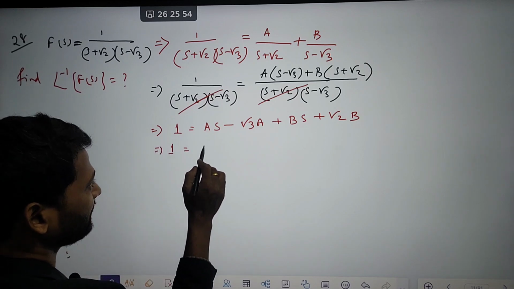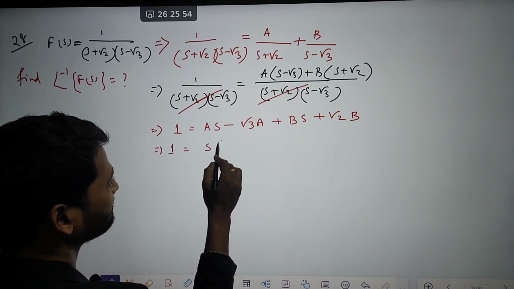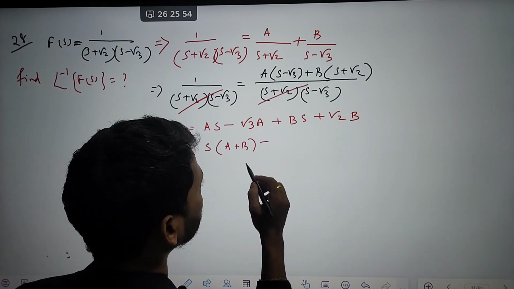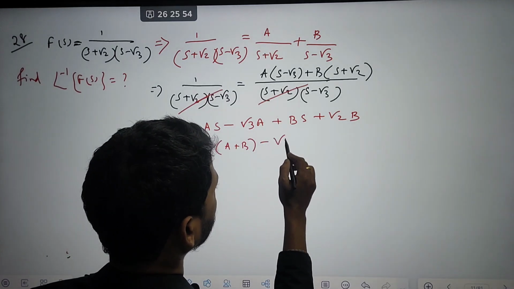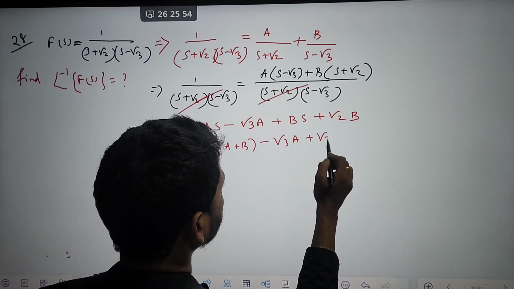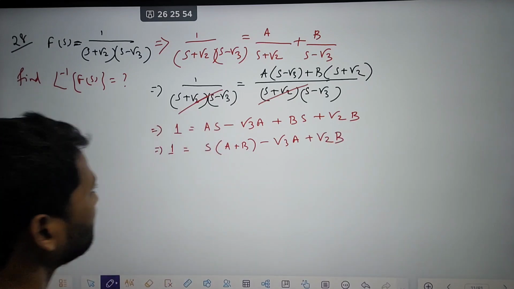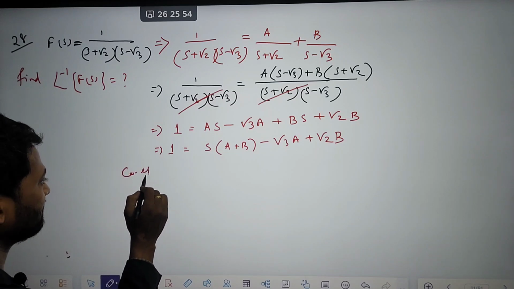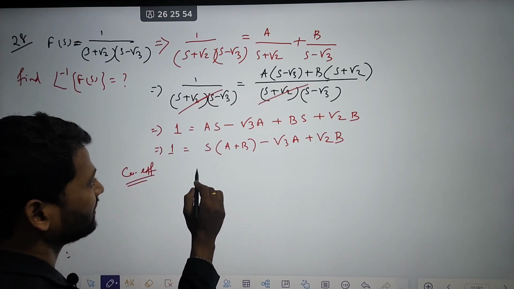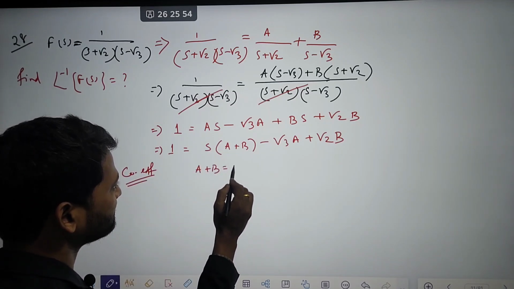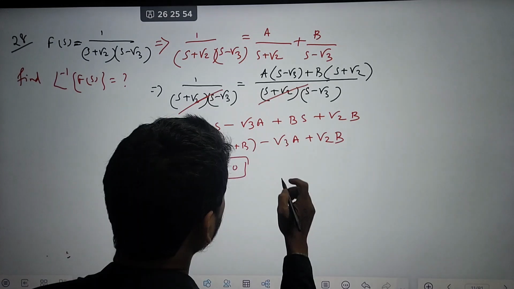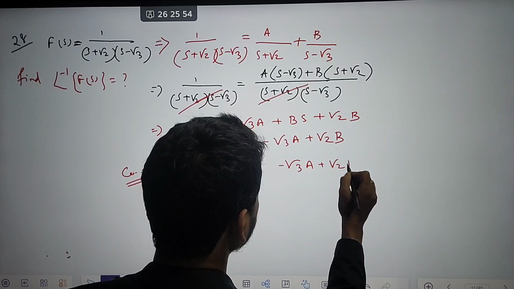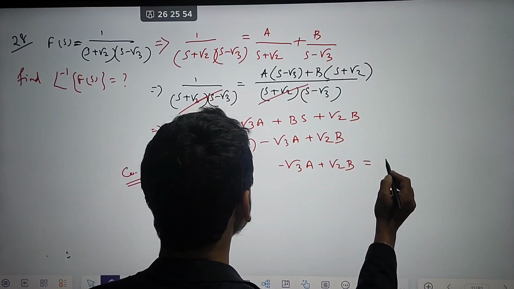Then we can take s as common: (A plus B) s plus (minus root 3A plus root 2B). Okay. So by comparing coefficients we can write A plus B is 0 and minus root 3A plus root 2B is 1.